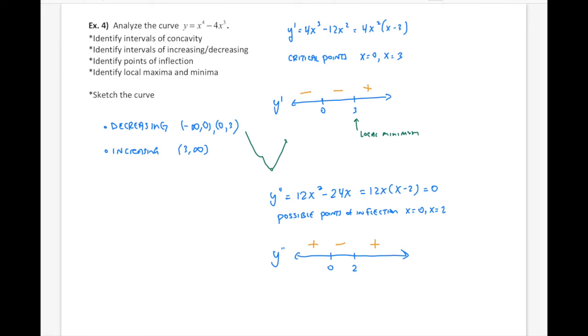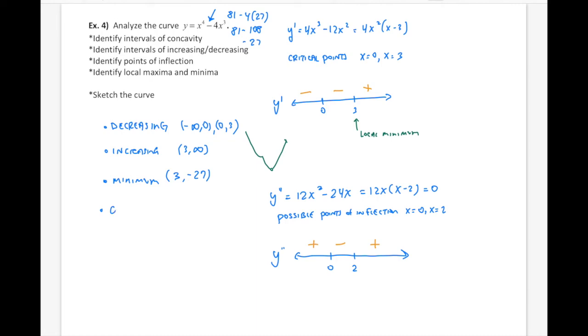Concave up. All right, so we have a minimum, I'd like to mention that. Minimum is going to be at 3. And then plugging in 3 into our function, that's 81 subtract 4 times 27. 4 times 27 is 108. 81 subtract 108 is negative 27.